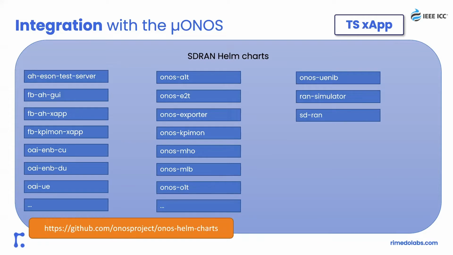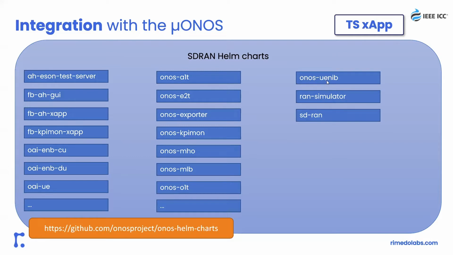For example, we have A1 interface, A2 interface, we have RAN simulator, we have ONOS UE NIB, which stores all information about UEs.